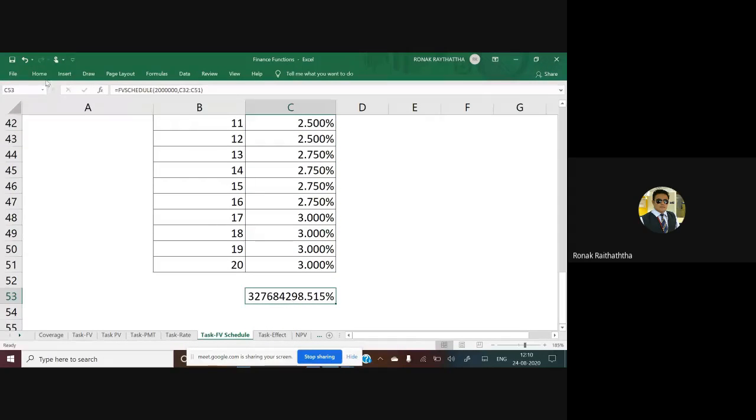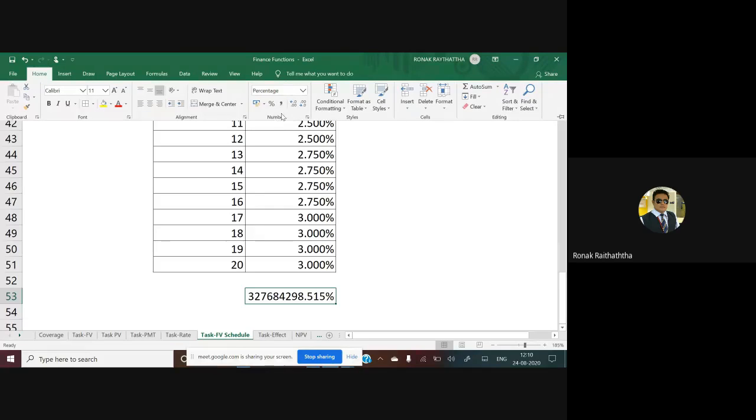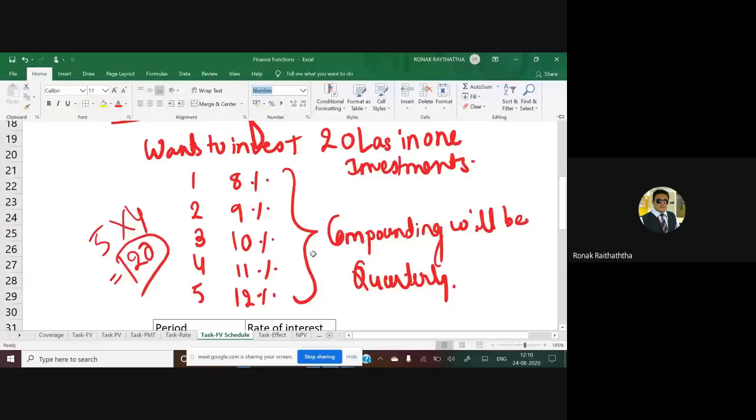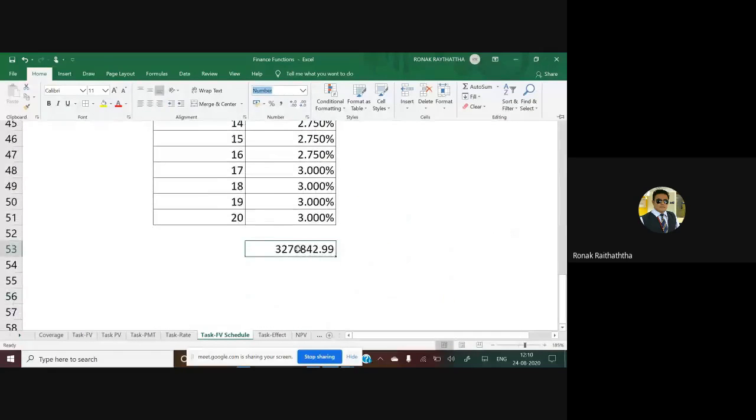Now this one is coming in percentage. Let me convert it into number. So that comes at 32,76,842. So Miss Rashi will be having, after these 5 years, in her account 32 lakhs, around 77,000.